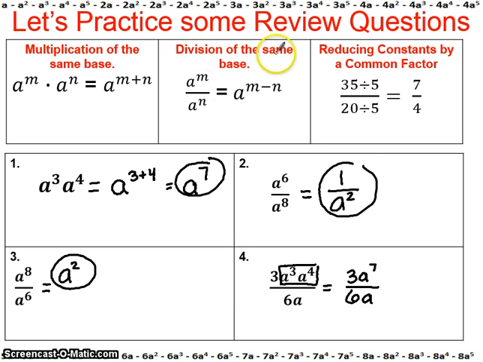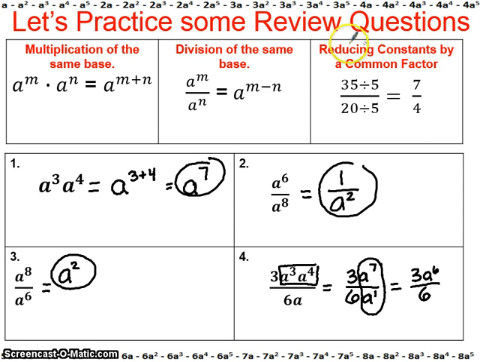Now we also see division of the same base. Here we have a to the 7th divided by a, which is a to the 1st. 7 minus 1 is 6. We're going to get a to the 6th, and we're going to place that in the numerator since the greater amount is in the numerator. So we have 3a to the 6th over 6.